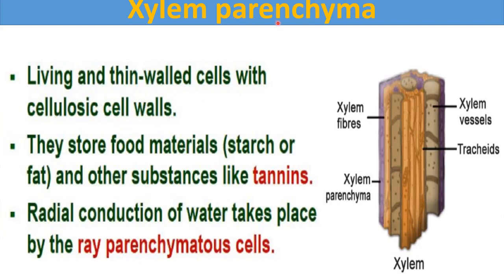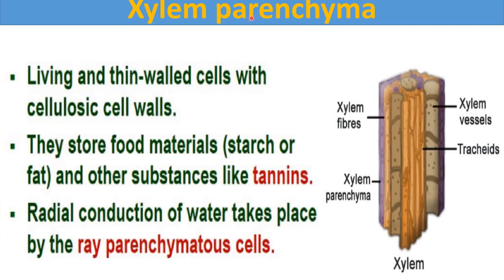As you have studied about parenchymatous tissue in simple permanent tissue, the cells of xylem parenchyma are similar to that. So cells are living and thin walled with cellulosic cell walls, which means cellulose is present in their cell walls.